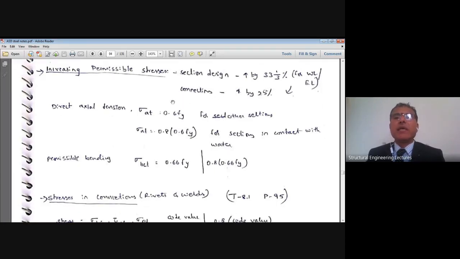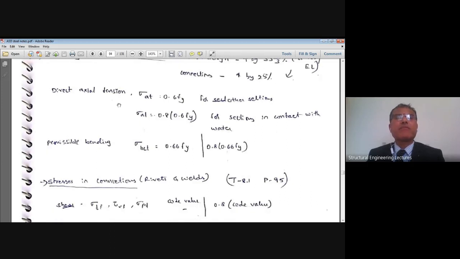And if you are designing for wind and earthquake the connections such as rivets or bolts or welds, then in those connections the permissible stresses can be increased by 25%.